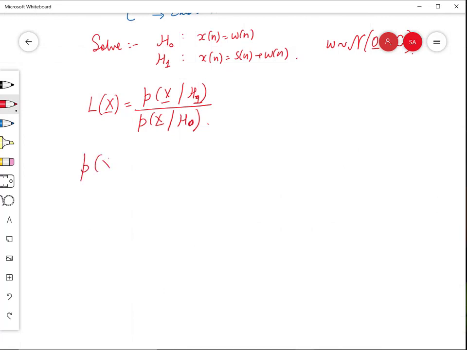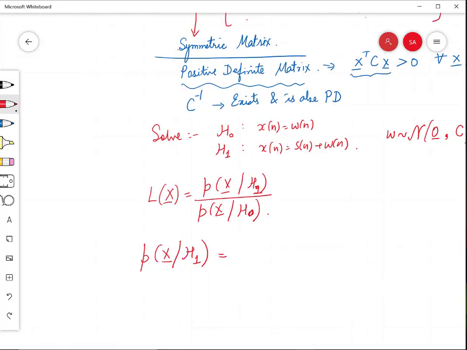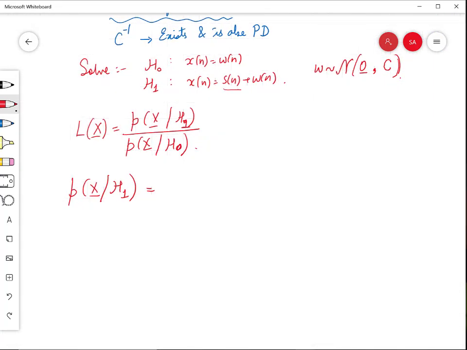Now the probability of x given H1 is an N dimensional Gaussian random variable. Sorry, for H1 the mean will be the vector s, and the variance is given by this covariance matrix. So the PDF, or the likelihood, is given by this particular expression.